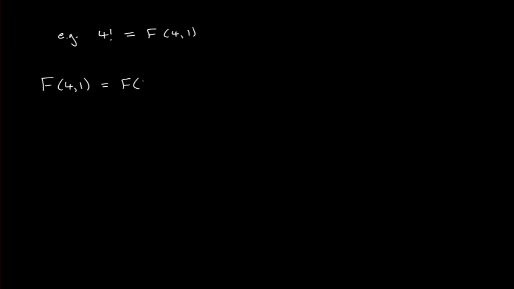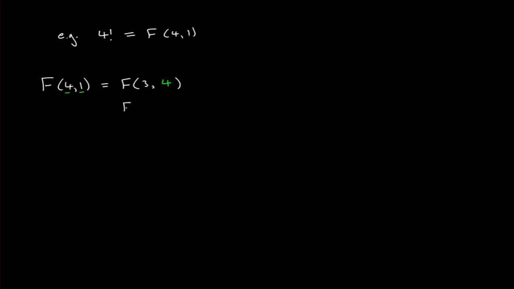But here we have 4 times 1, which is going to be 4. I'm going to signify that I got it by multiplying these two together by underlining them. And very good, we've moved on with our calculation.